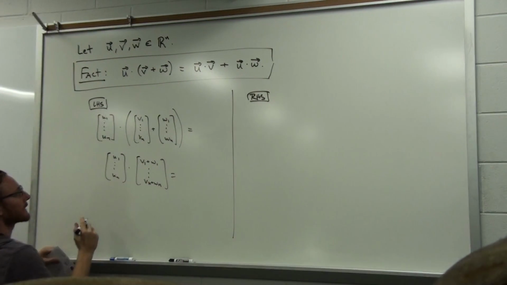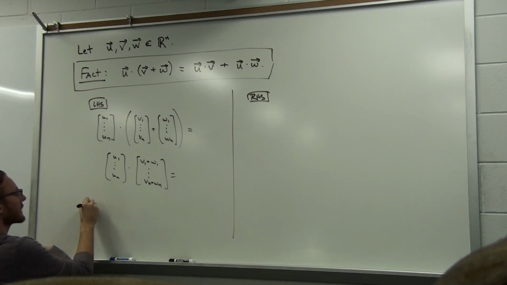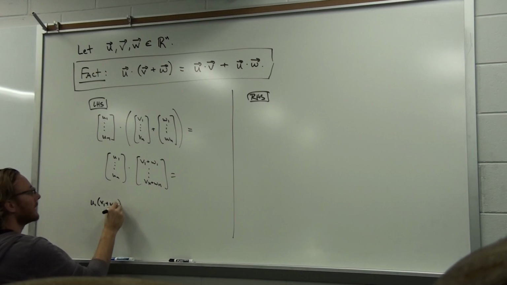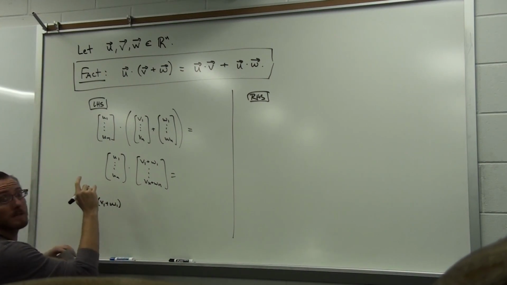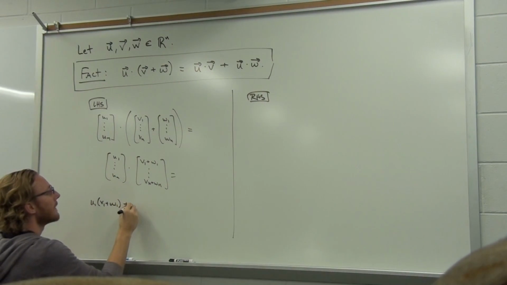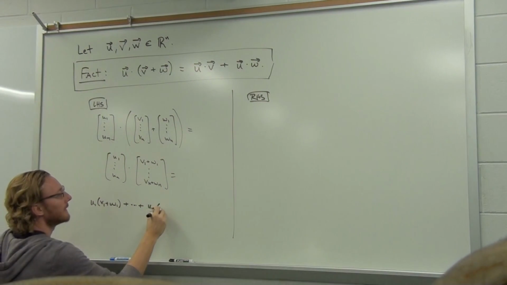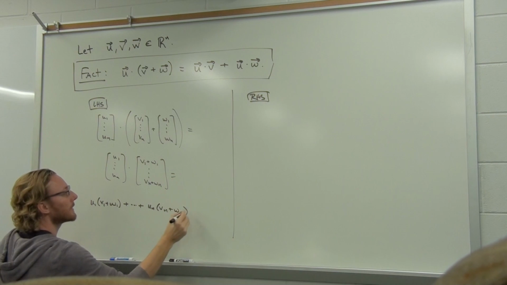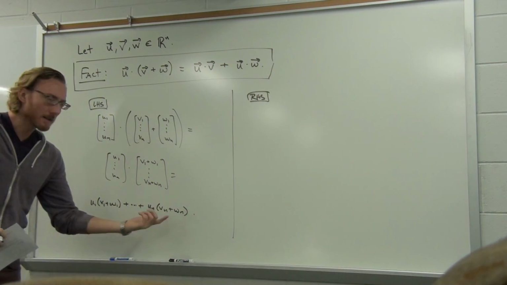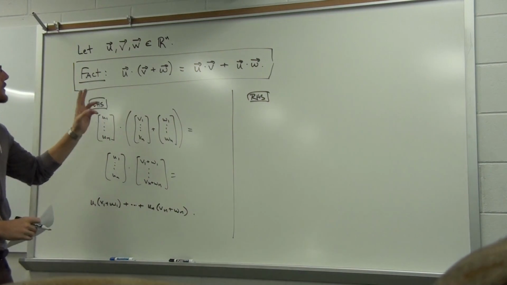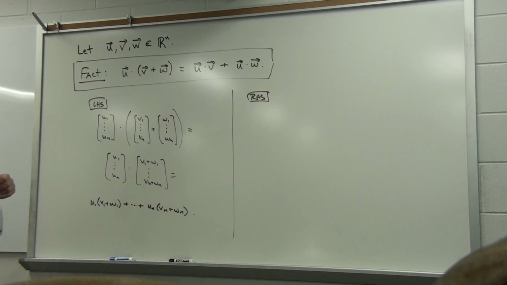But the long story short is whenever we compute this dot product, we get u1 times v1 plus w1, u2 times v2 plus w2, all added together out to un times vn plus wn. Okay, so this is a single number. This would be the single number which is corresponding to the dot product of u dotted with v plus w.